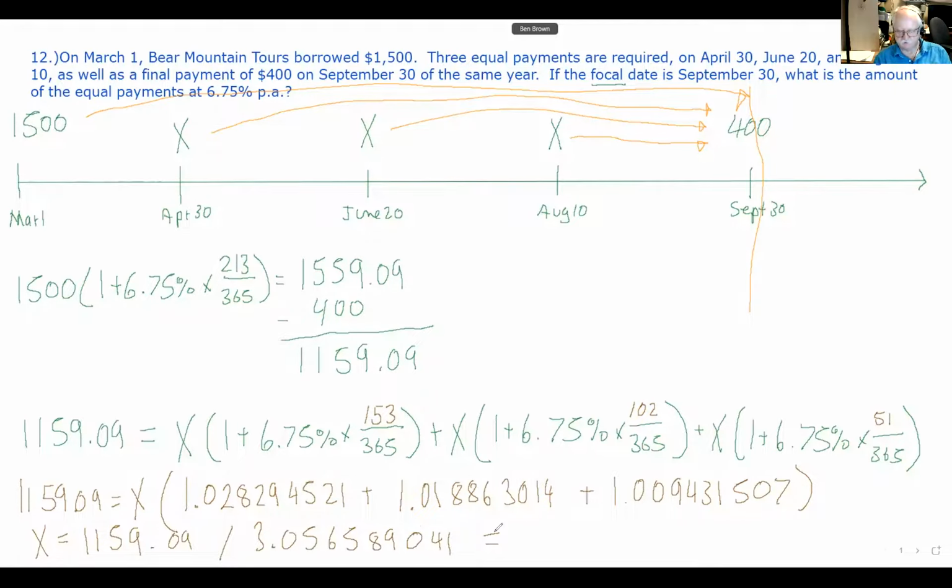And so let's find out what we get. Hit 1 over x times 1159.09. And I see people got there before me because that answer is already sitting in the chat box. 379.21.